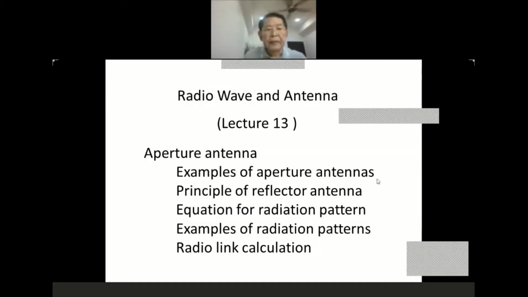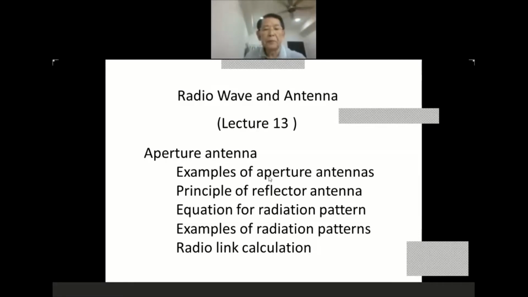Then today's lecture is aperture antenna. I have been explaining many antennas: small wire antennas, patch antennas, and array antennas. And this is the final one, the aperture antenna.